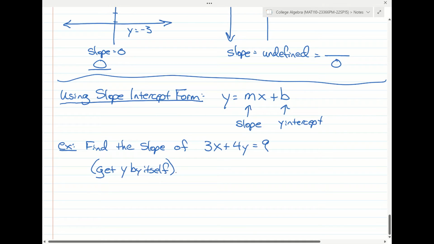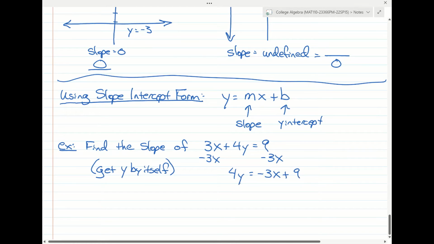So what that means is if we subtract the 3x on the other side, we did this kind of thing in the first day together when we were solving formulas. 4y is equal to negative 3x plus 9.